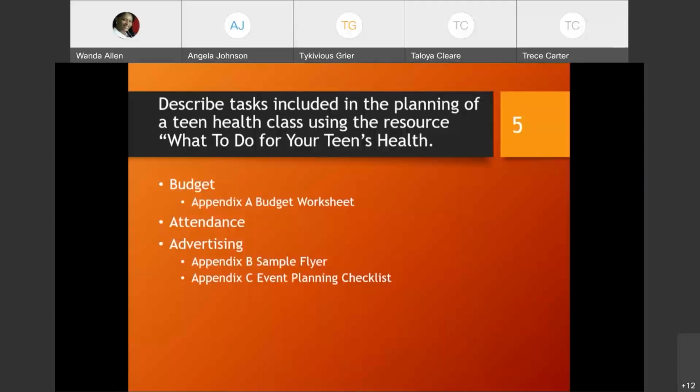In addition, advertising. Advertising is very important. The purpose of advertising is to get the information out there, to let people know that these resources are available. So make sure you start your advertising early enough. You don't want to start a week before you're going to have the class.